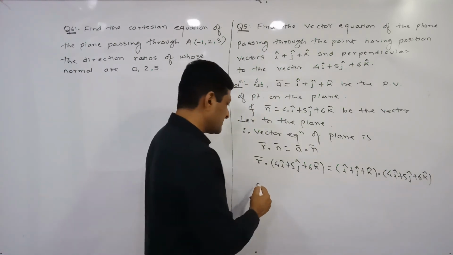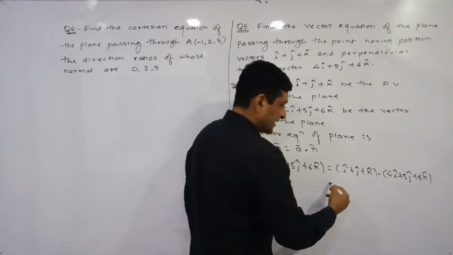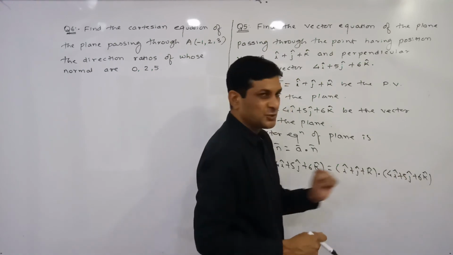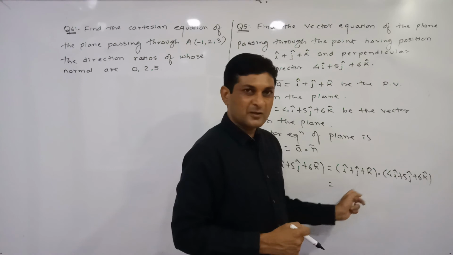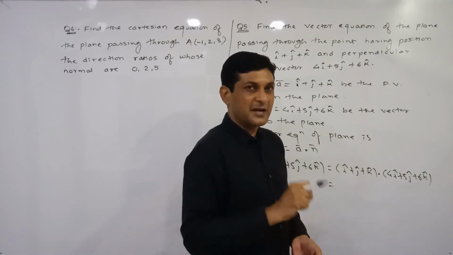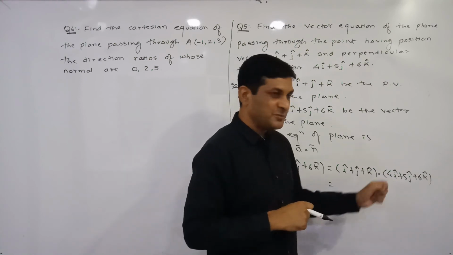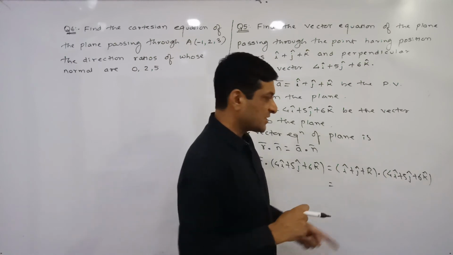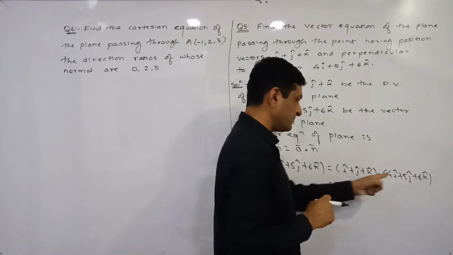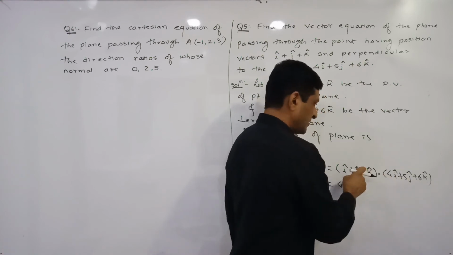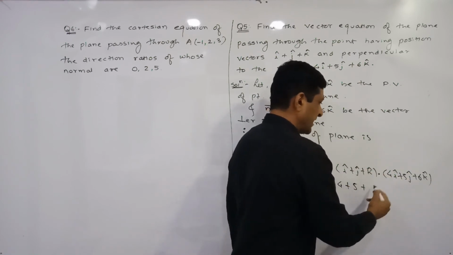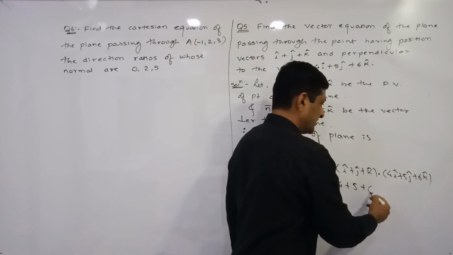Now the remaining part is simplification. So on this side we have to find the dot product of these two vectors. Let us find the dot product. While finding the dot product of two vectors which are in Cartesian form, means in terms of i cap, j cap, k cap, at that time first take the product of the coefficients of i cap, that is 4 into 1 equals 4, then take the product of the coefficients of j cap, that is 5 into 1 is 5, and lastly 6 into 1 is 6.